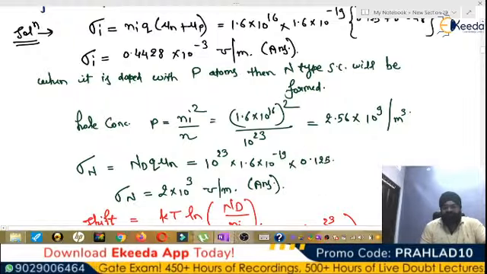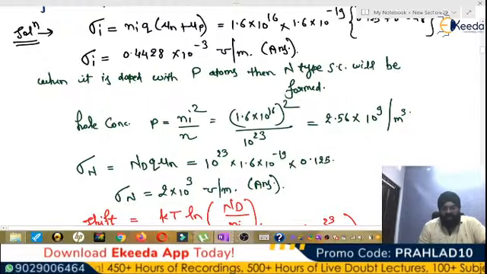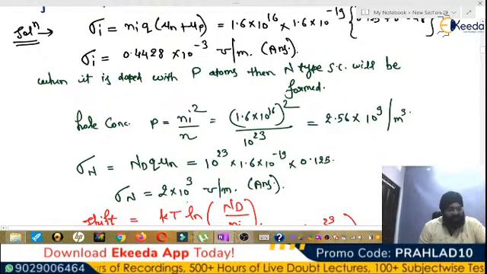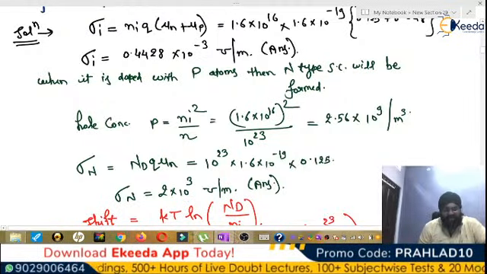So the conductivity of the n-type semiconductor is 2 into 10 cube mho per meter.